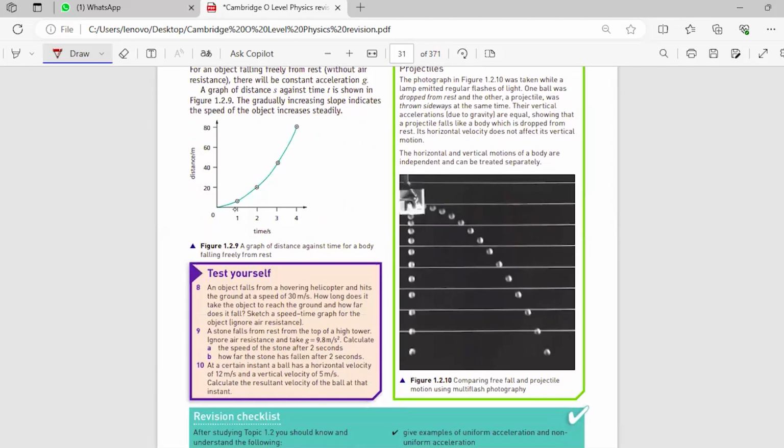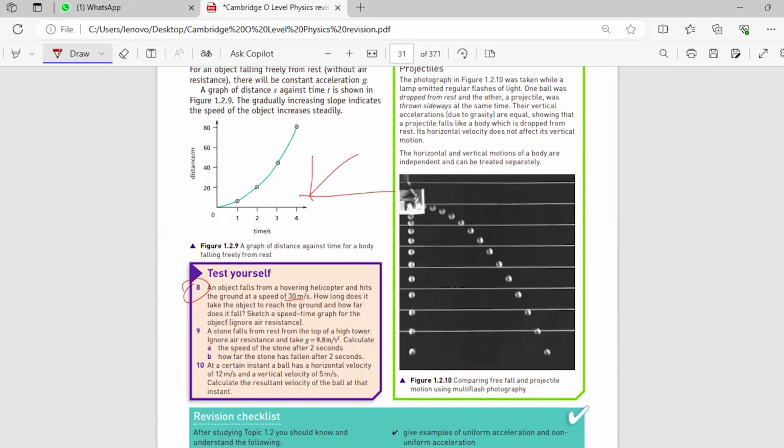Okay. Let us start with this question. An object falls from the roof and hits the ground at this speed of 30. For how long does it take the object to reach the ground in its fall? Sketch its graph. It is going to fall from rest and goes to 30.